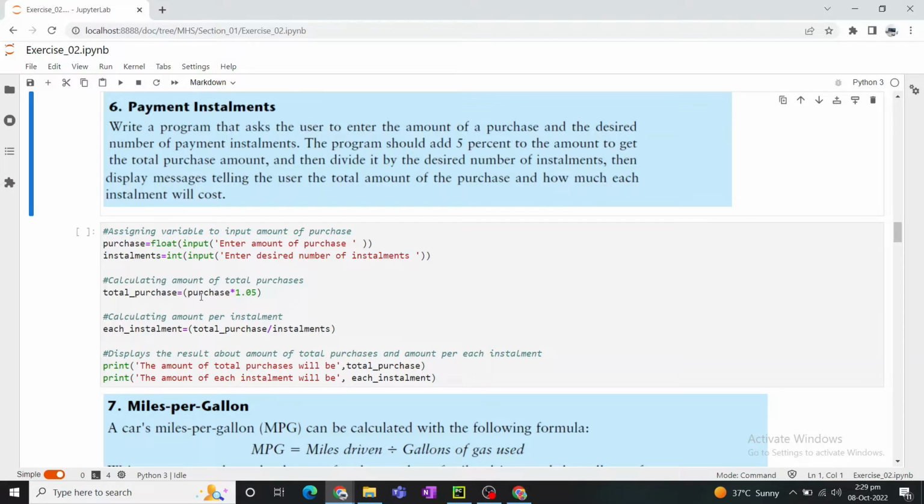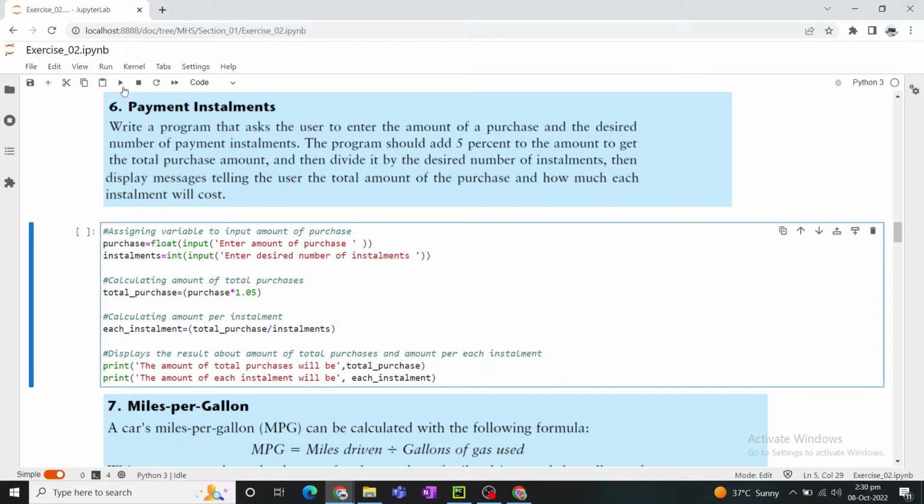And over here we are calculating the total purchase, where the purchase amount is multiplied by 1.05, that is the 5% already mentioned in the question. And we calculate the amount per installment, so the total purchase is divided by the number of installments. Each installment and the total purchase amount will be printed over here.